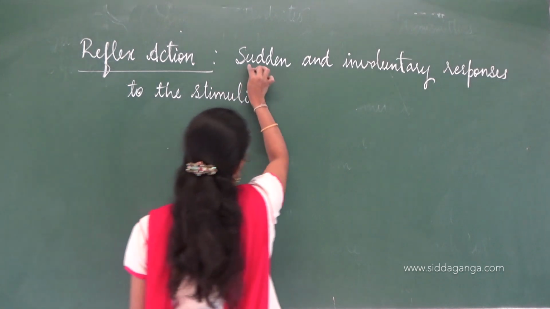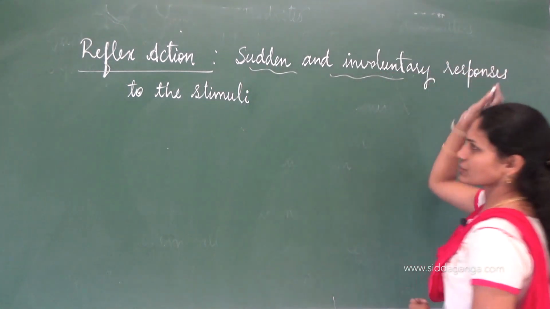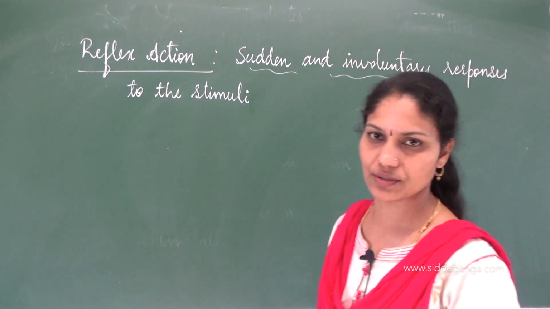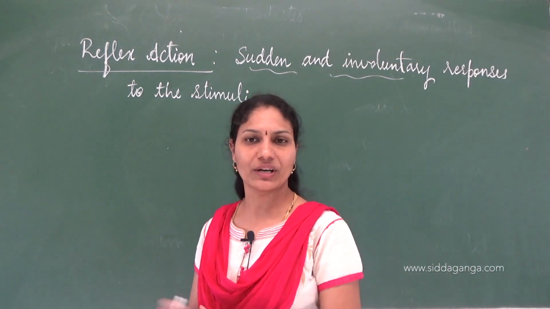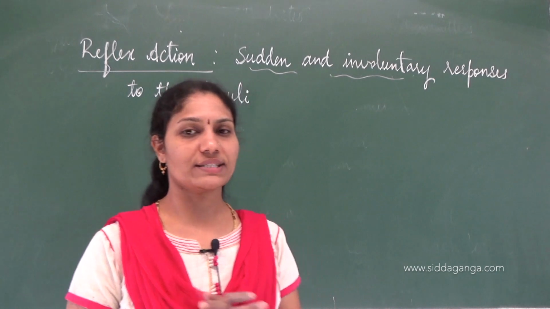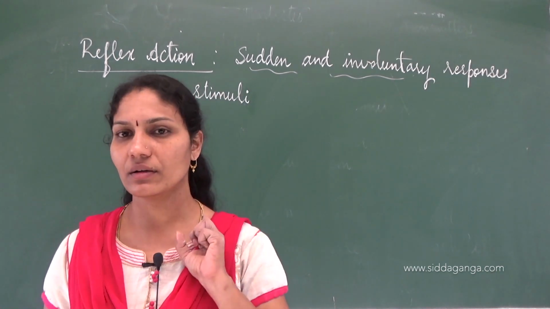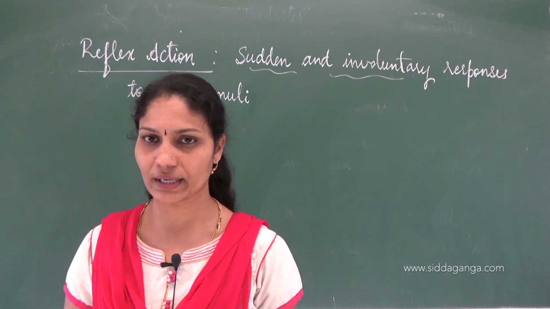So reflex actions are nothing but very immediate or very sudden, involuntary responses. Most of the time it won't come into our notice at all. So these are very immediate and very sudden responses for a particular stimulus in the external environment.